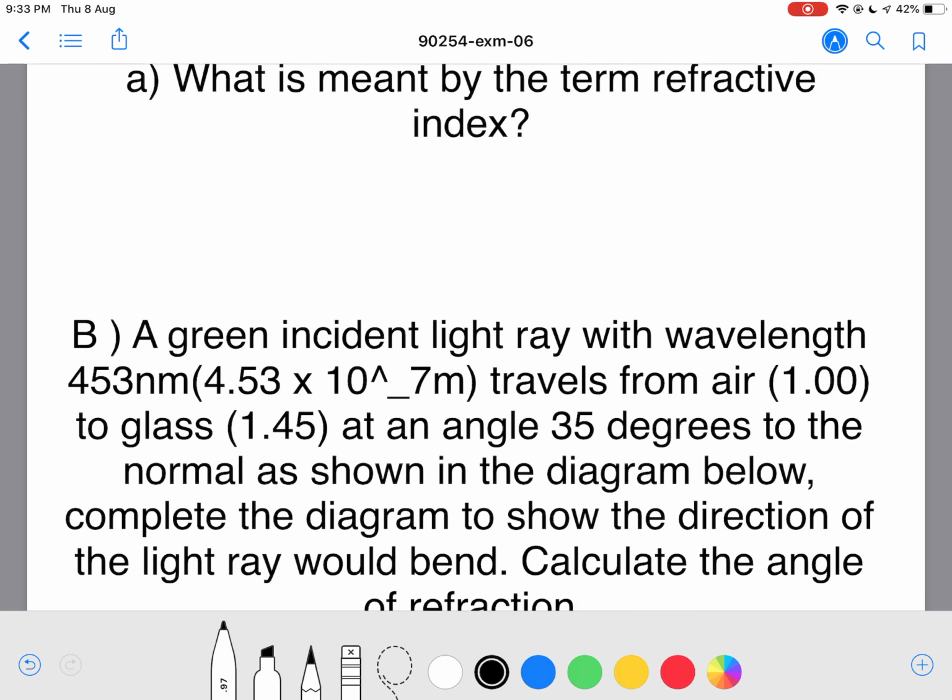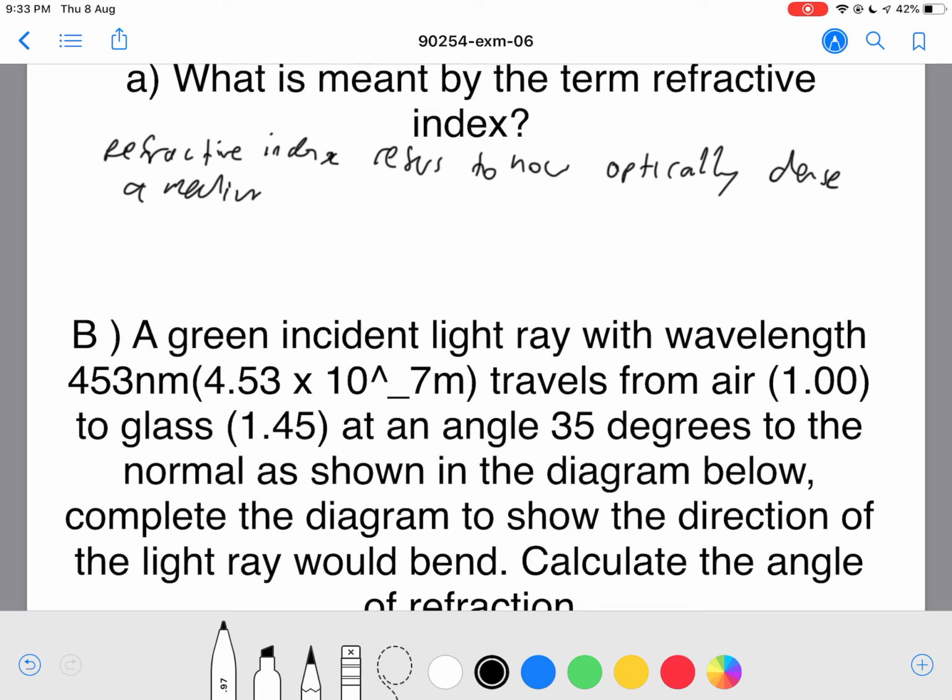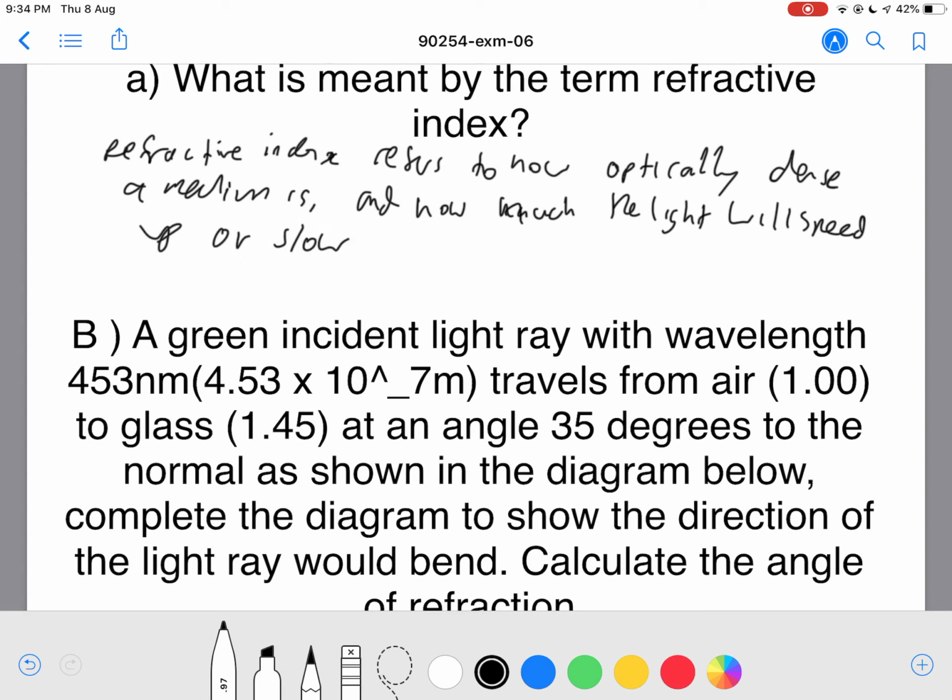We're going to say that refractive index refers to how optically dense a medium is, and how much the light will speed up or slow down.